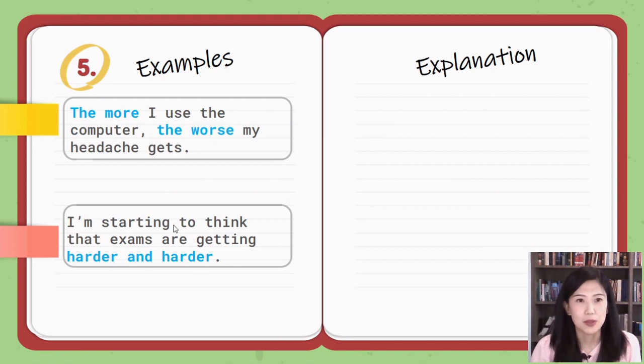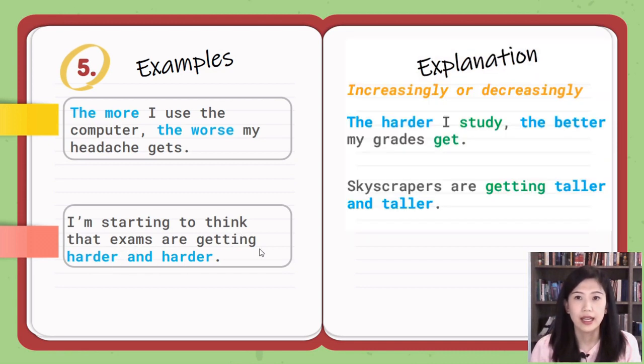The next examples are, the more I use the computer, the worse my headache gets. And the last one, I'm starting to think that exams are getting harder and harder. These two examples both show increasingly or decreasingly difficult, tall, happy, whatever it may be.